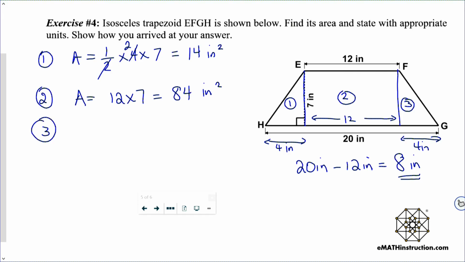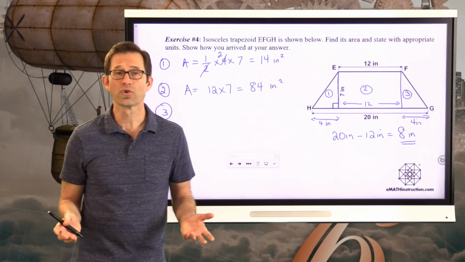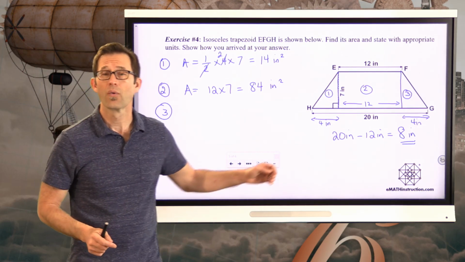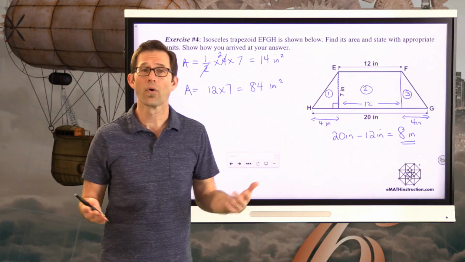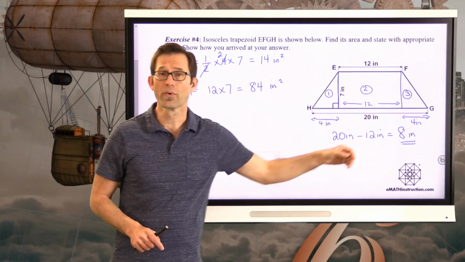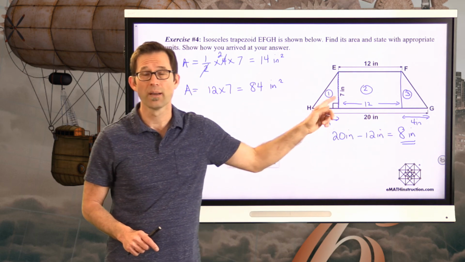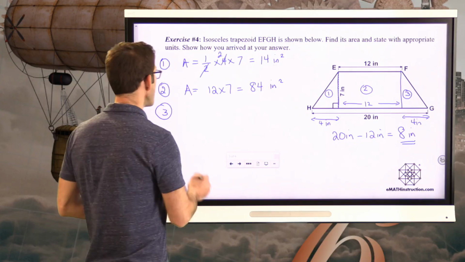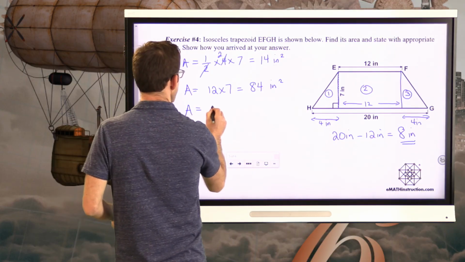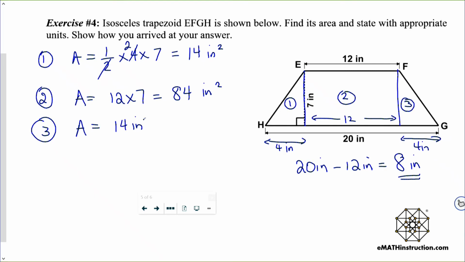And 3. Now, just for a moment, and this is only true for isosceles trapezoids, right? Figure 3 and figure 1 are identical right triangles. So you could go through and say it's 1/2 of 4 times 7 again, or you could just recognize the fact that its area must also be 14 square inches.